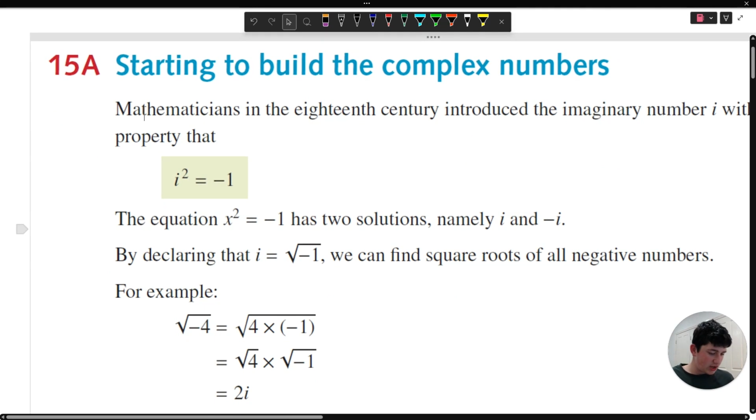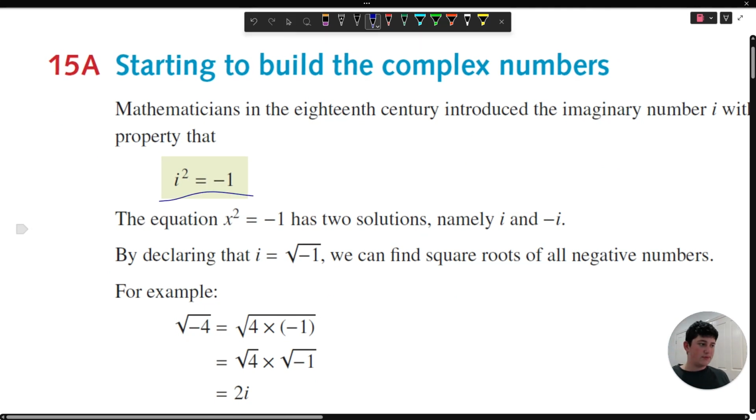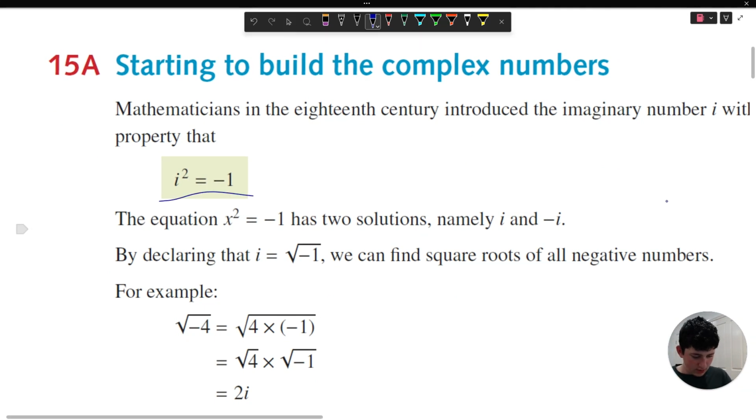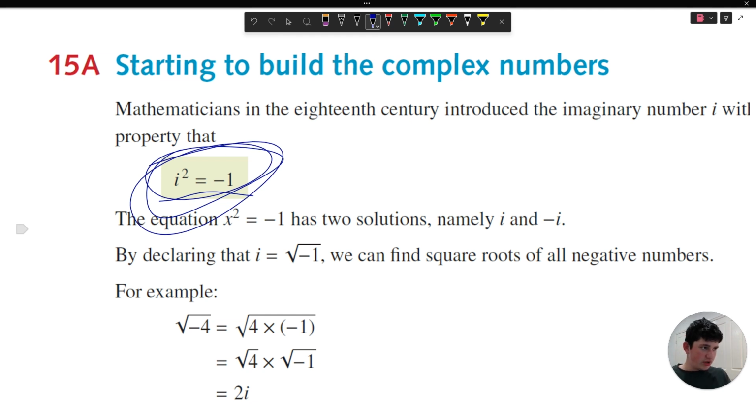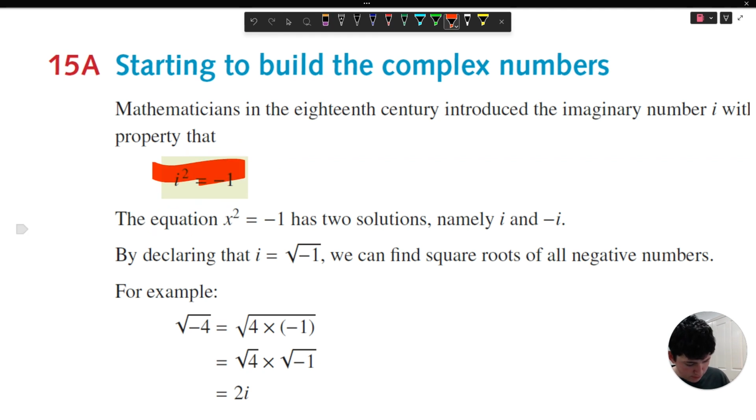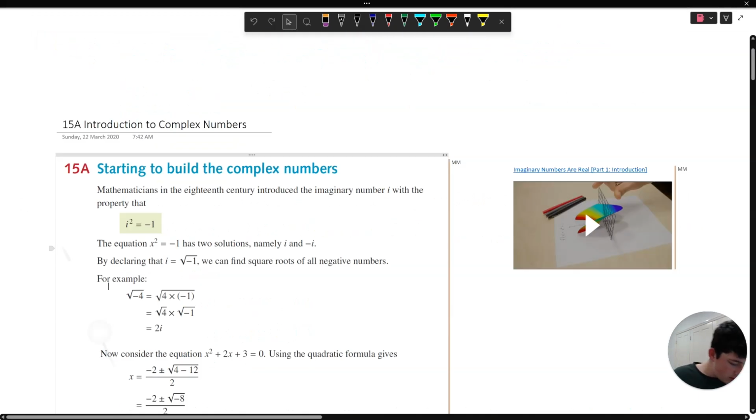The first thing: i squared equals -1. That is the number one thing. Highlight it, bold it, circle it, do whatever you want. You need to know that, minimum. That is where i comes from. i equals √-1. That is why complex numbers and imaginary numbers exist.